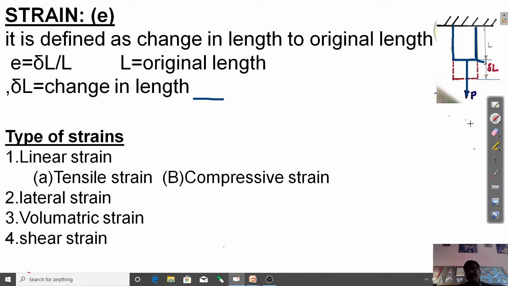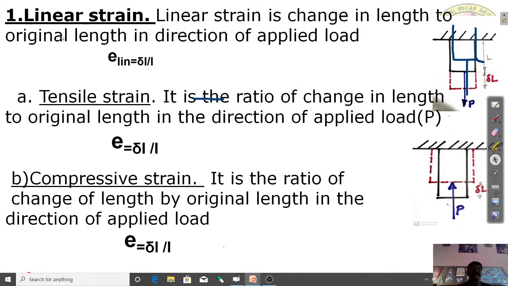In linear strain, we have tensile strain and compressive strain. Linear strain: the strain is the change in length to original length in the direction of applied load.